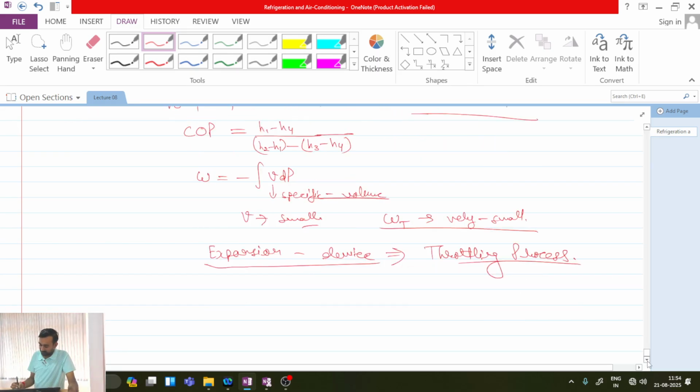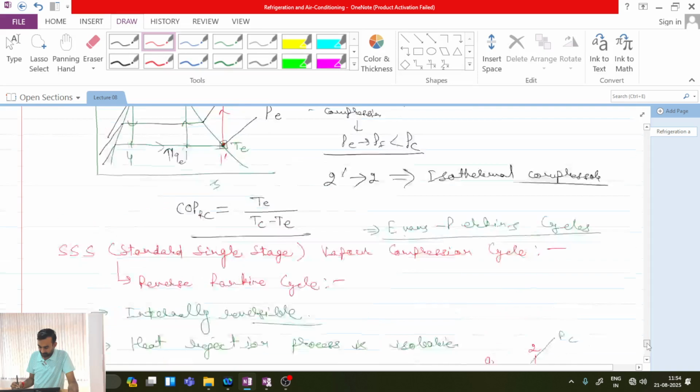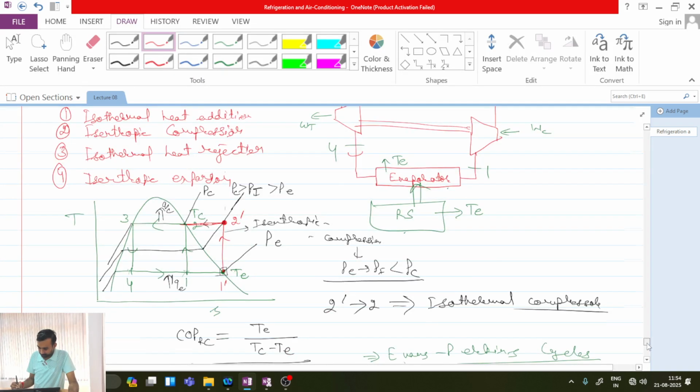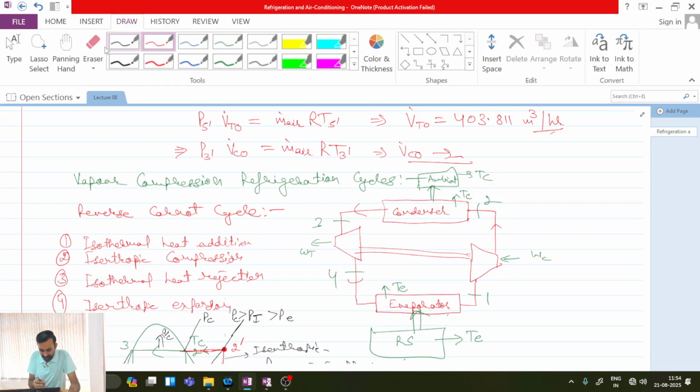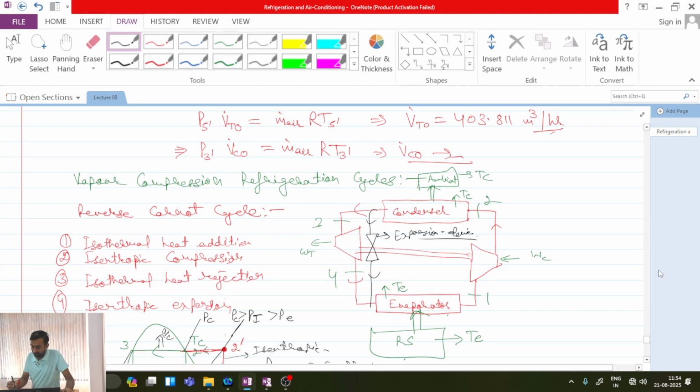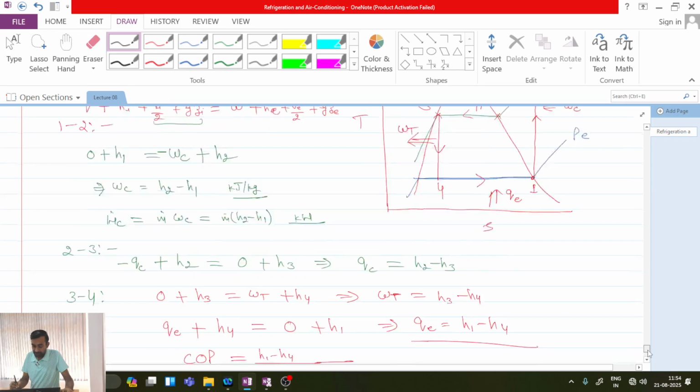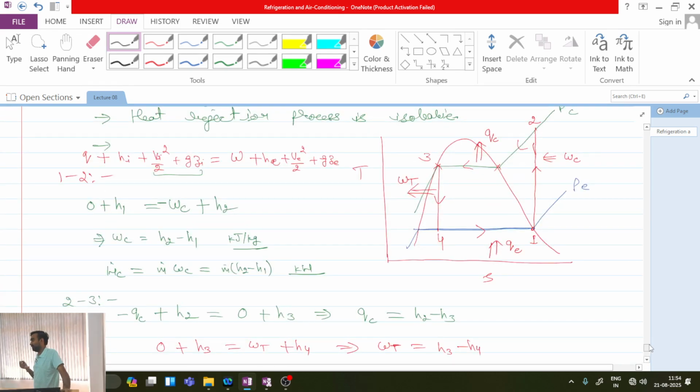And then what I will be doing in this cycle, this turbine I will be removing, and I will be passing the working fluid through some device which is called as expansion device. Now you have to understand one important point. In the expansion device, the process is not isentropic, and this is a irreversible process.